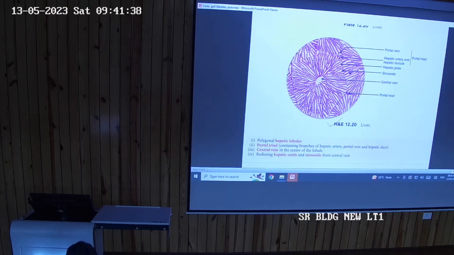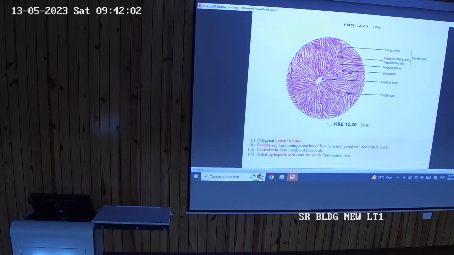The liver receives two types of blood supply, from the portal vein and from the hepatic artery. The blood supply from the hepatic artery is about 20%, while the blood supply from the portal vein is about 70 to 80%.